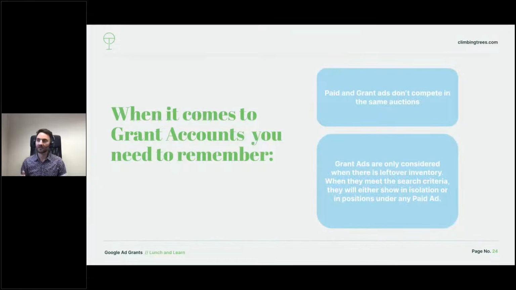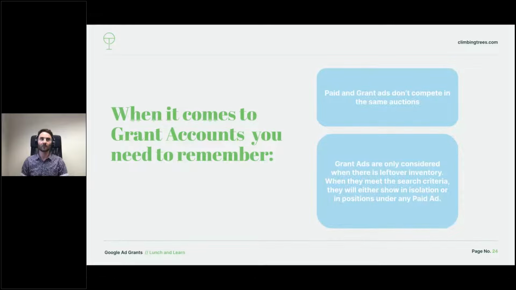So I think an interesting thing to remember here is that paid and grant ads don't compete in the same auction. So that grants budget will only be eligible when there is leftover ad inventory. And so if you are up against paying advertisers, then they will outrank you, even if your bid in the grants account is higher than their bid in their paid account.